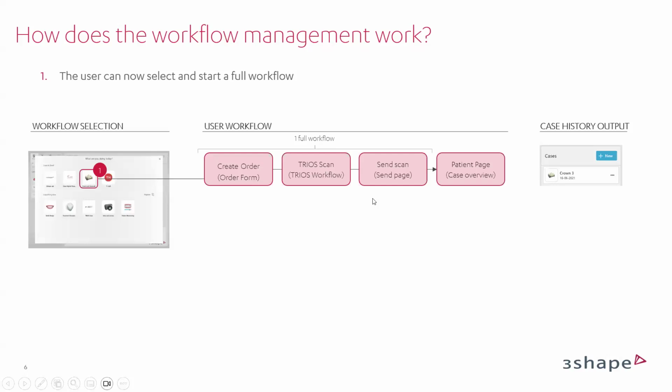For example, when you are on the workflow selection page, as we call it, you can see that first we create the order, and second, the full workflow, which is when we triage scan or triage workflow. When we are scanning, then we send the scan. We have the patient page, or case overview or case history output, which is also available when all this workflow is proceeded.